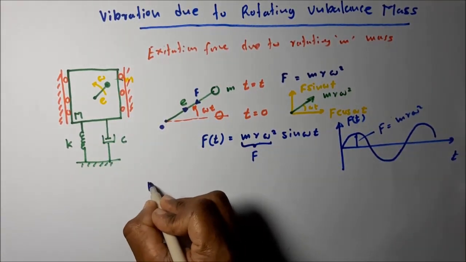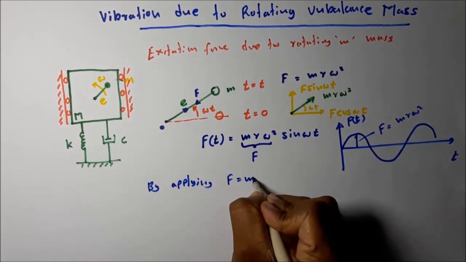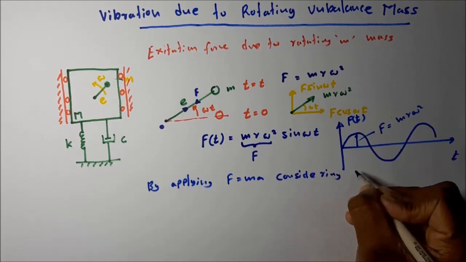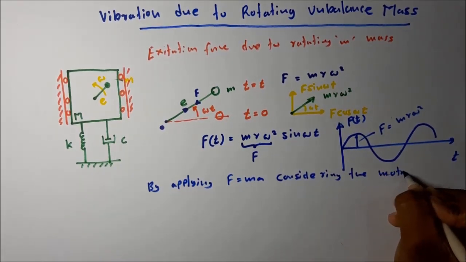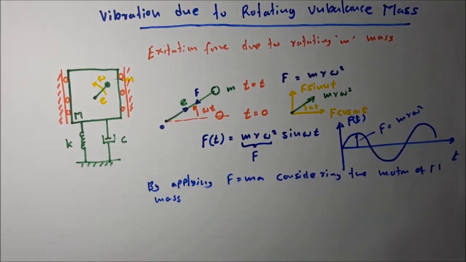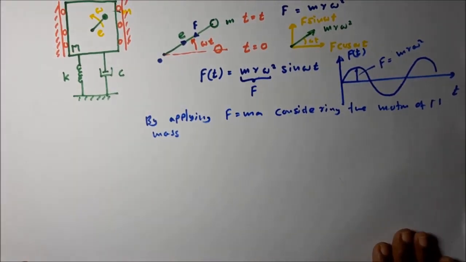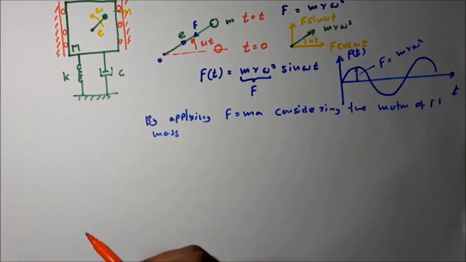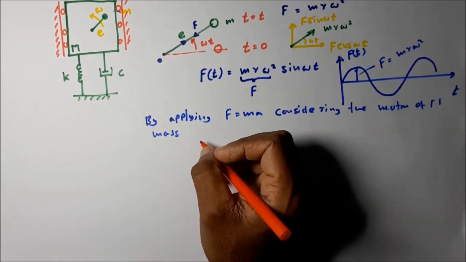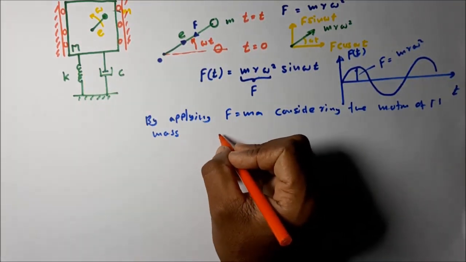By applying F = ma, considering the motion of the m mass, same as in the previous lecture where we discussed the damped forced vibration system, we can obtain this equation. Then what are the forces acting on it?